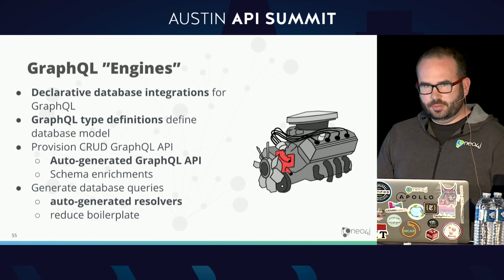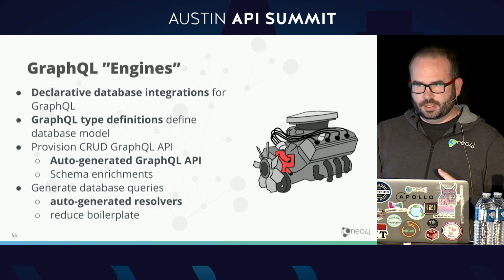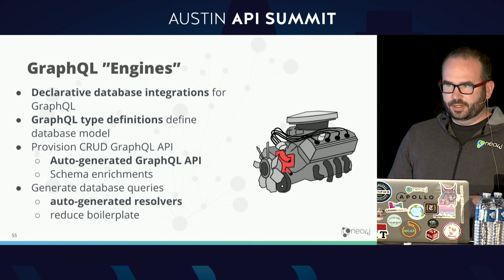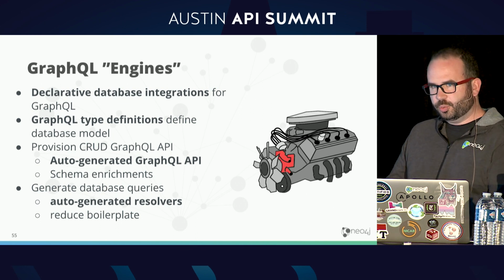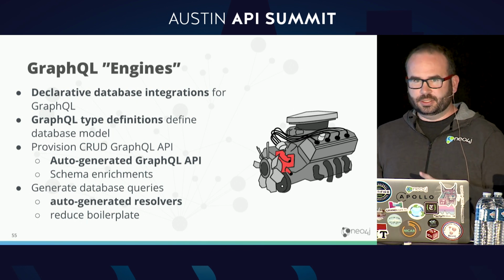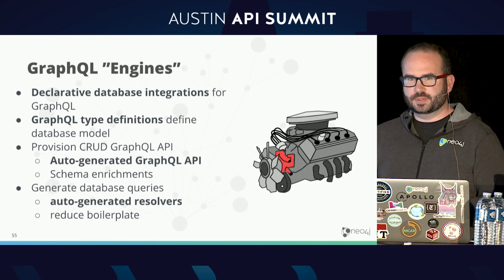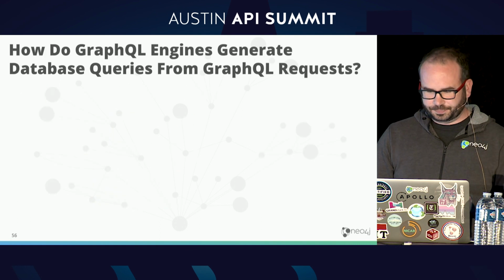We're enriching that schema with things like complex filtering and ordering. So this is removing a lot of boilerplate code that we'd be writing for fetching data. And the other important point to point out here is that we're generating a single database query. So this is solving that N+1 query problem that we talked about.